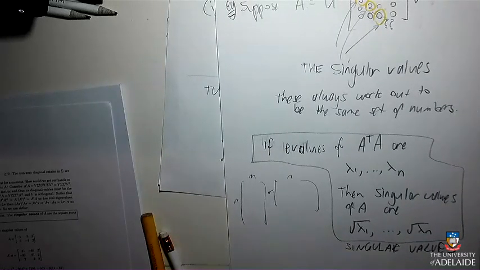So I suppose that your lecturer hasn't explicitly shown you how to figure out what the matrix U and the matrix V are. And so you don't need to do that. But you do need to know how to find the singular values. So if you had a matrix, you could find its singular values by finding the eigenvalues of A transpose A. So let's just do one.